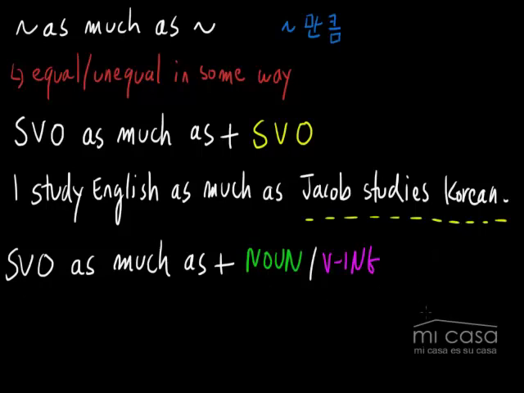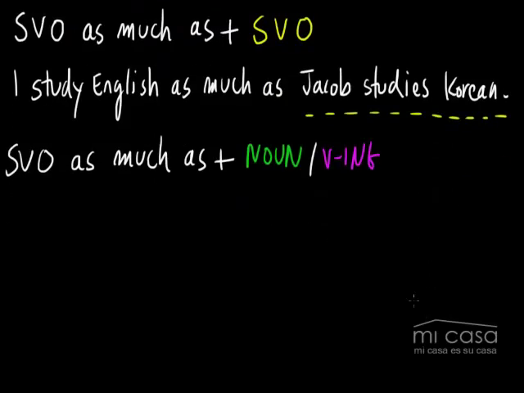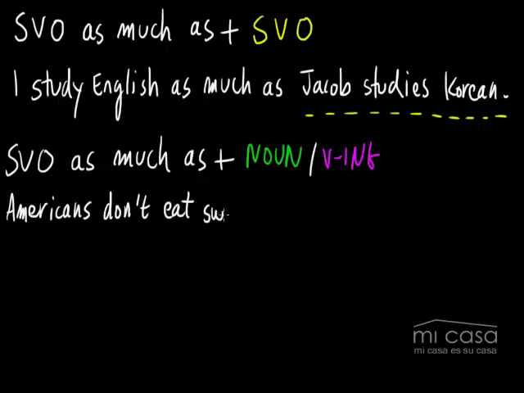Let's look at two examples for this structure. Our first example would be: Americans don't eat sweet potatoes as much as Koreans.